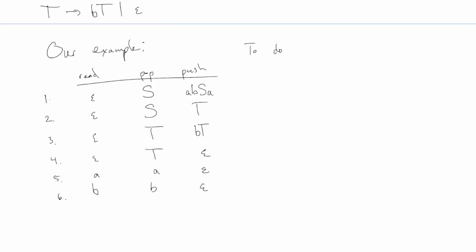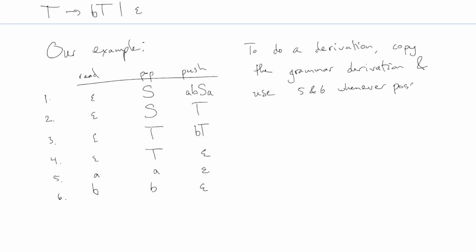To do a derivation on the stack machine, I will say copy the grammar derivation, and use rules 5 and 6 whenever possible. And you'll see what I mean when we try it out.